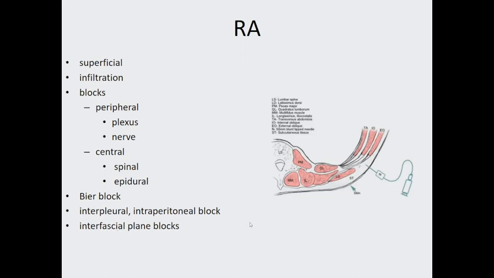Interfascial plane blocks mean that a local anesthetic is injected at the level of the breast or between the muscles in the abdomen.